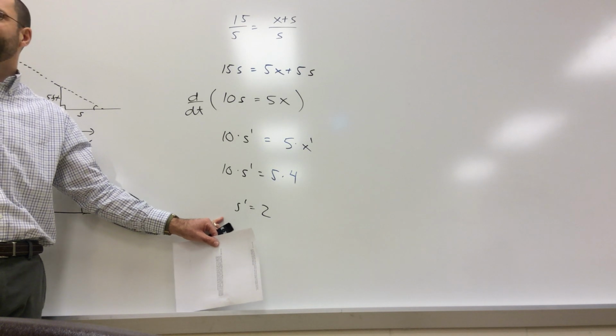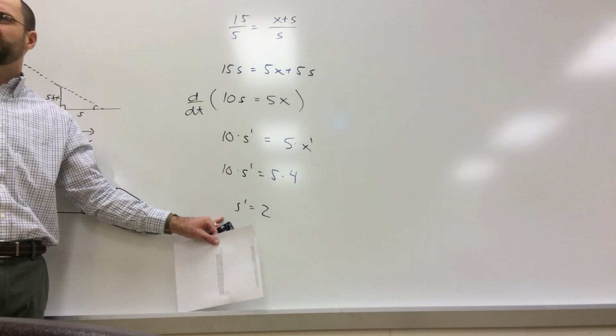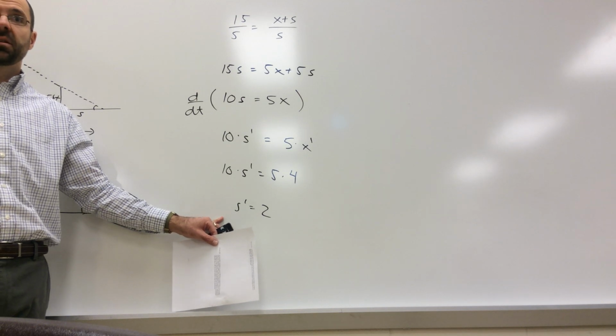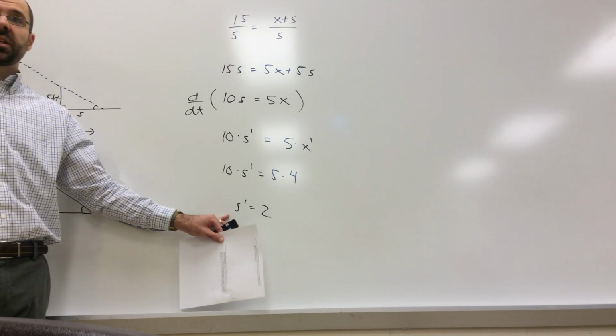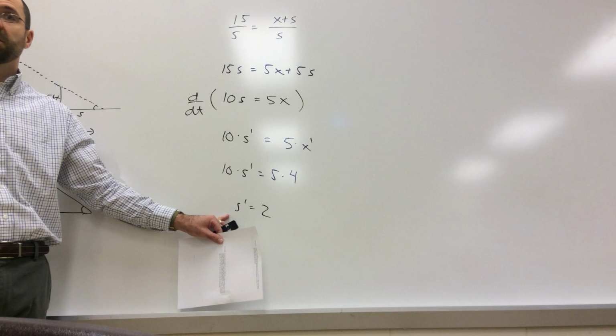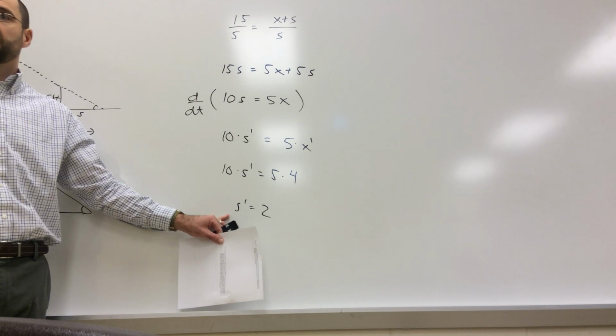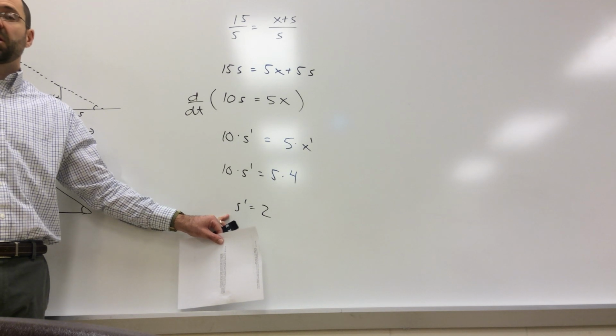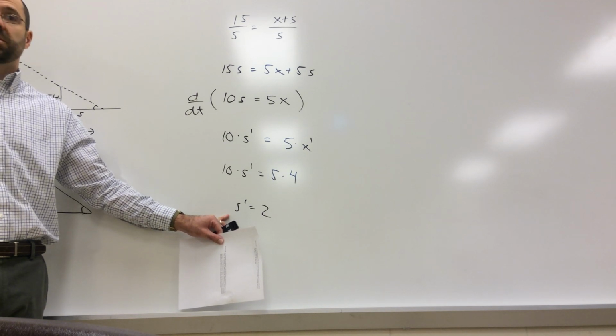So what does that mean, S prime is 2? What did S represent? The length of the shadow, right? So S prime equals 2 says what? It says that the shadow is getting bigger by 2 feet per second, right?